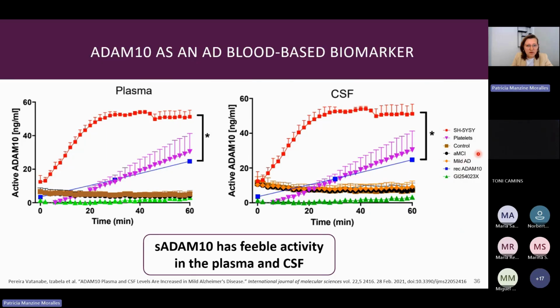So when you're looking at the control group, MCI, and Alzheimer's disease, the plasmatic and CSF ADAM10, that's the soluble form, has little activity when compared to samples that have membrane-bound ADAM10, as observed, for example, in SH cells, in platelet samples, and in a recombinant ADAM10 protein.